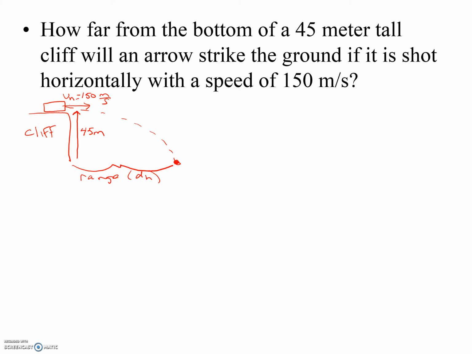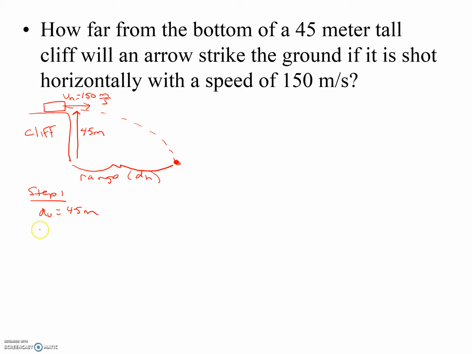So we've got 2 steps in our problem. In step number 1, we want to calculate the time that the arrow is in the air. So we know that our vertical distance is 45 meters.